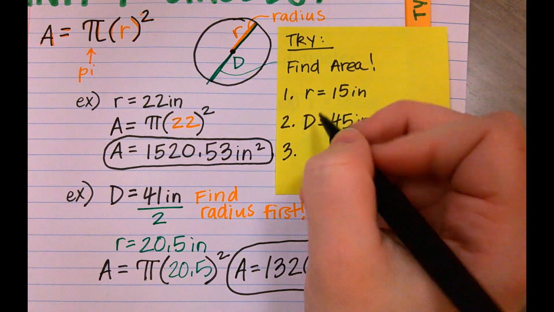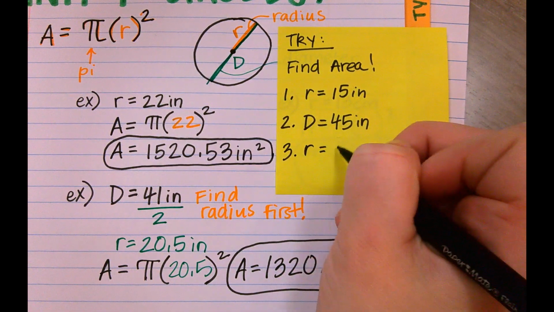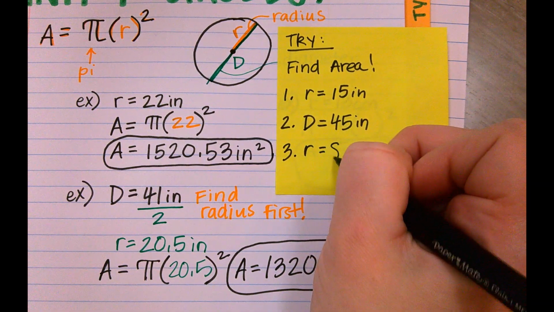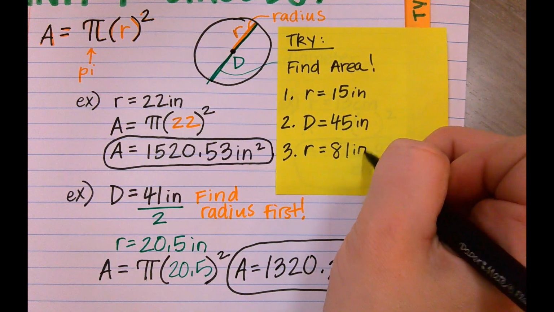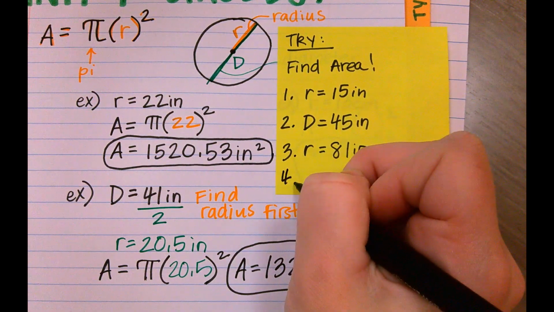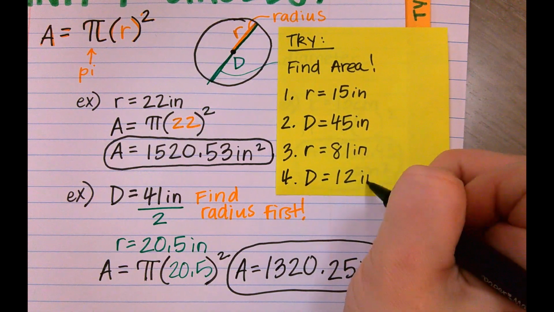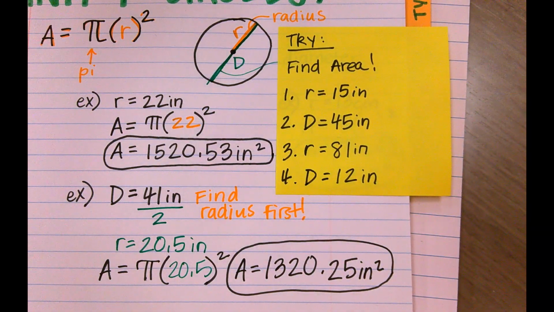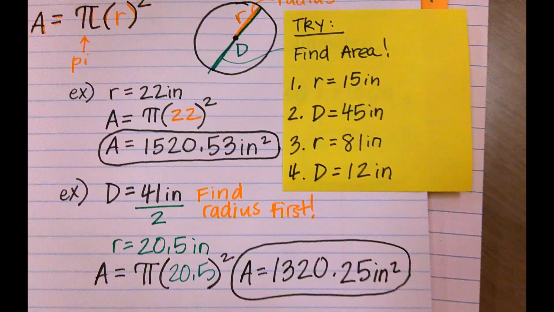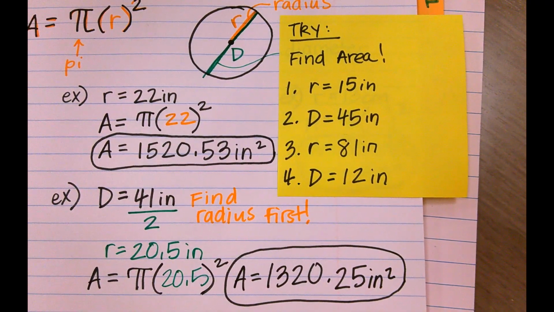Number 3. So I've given you 4 different measurements. Some are radius, some are diameter. I'm going to set about a 6-minute timer here and try to see how many of those you can find the area for in those 6 minutes.